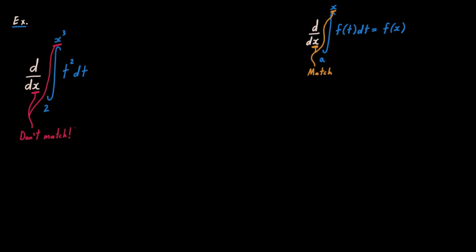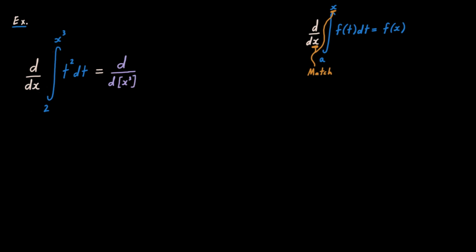How about we up the difficulty level of life? What if the variable in my upper bound does not match the variable of differentiation? They don't match. What are we ever to do? Well, when in doubt with derivatives, it's always a sure bet to chain rule it out.